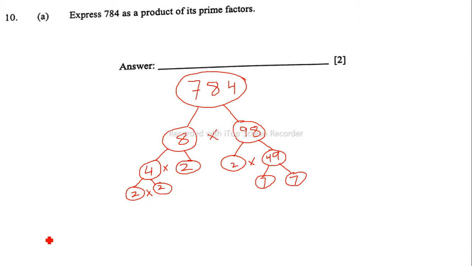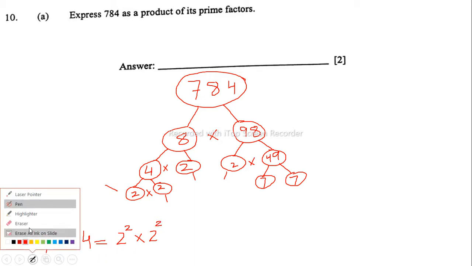Alright, therefore 784 written as a product of primes is going to be equal to 1, 2, 3, 4. So we have four 2s. That's 2 to the second power times 2 to the second power. Well, we don't have to do it like that.